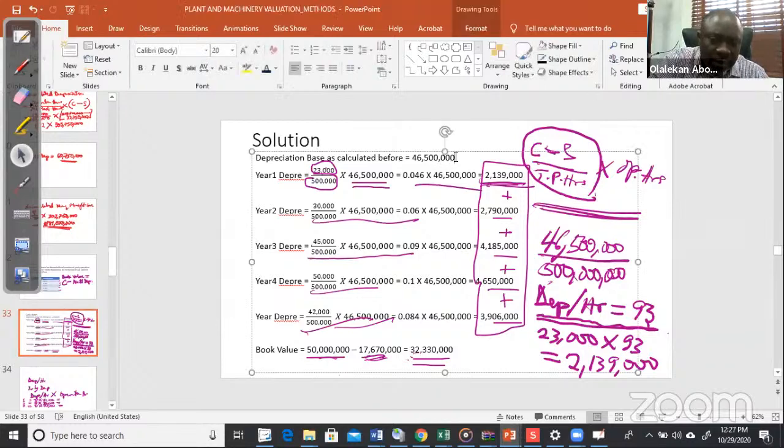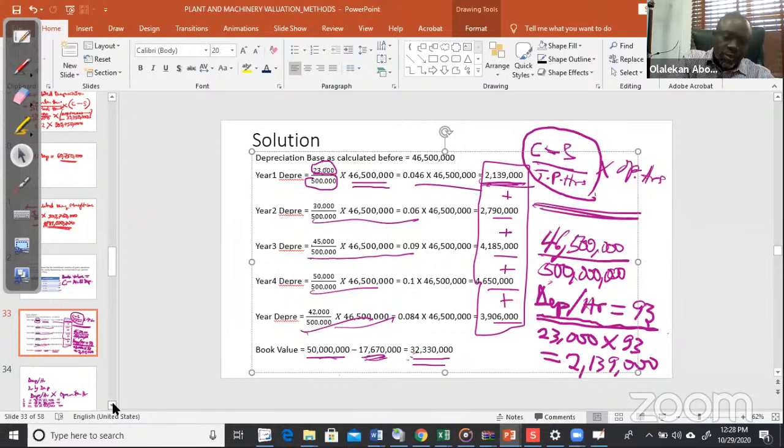That's how we got that. So if it is an original question that is not dependent on any other question, you have to calculate that. You will say cost minus scrap value to get your depreciation base, which is 50 million minus 3.5 million.